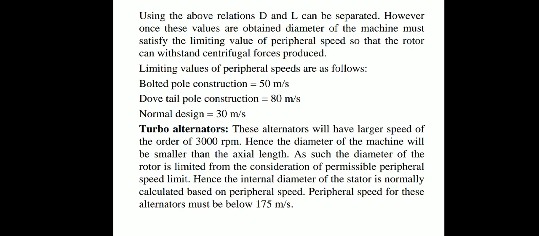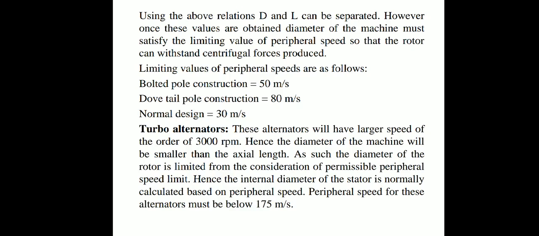Turbo alternators. These alternators will have larger speed of the order of 3000 rpm. Hence the diameter of the machine will be smaller than the axial length. Kindly note this point.